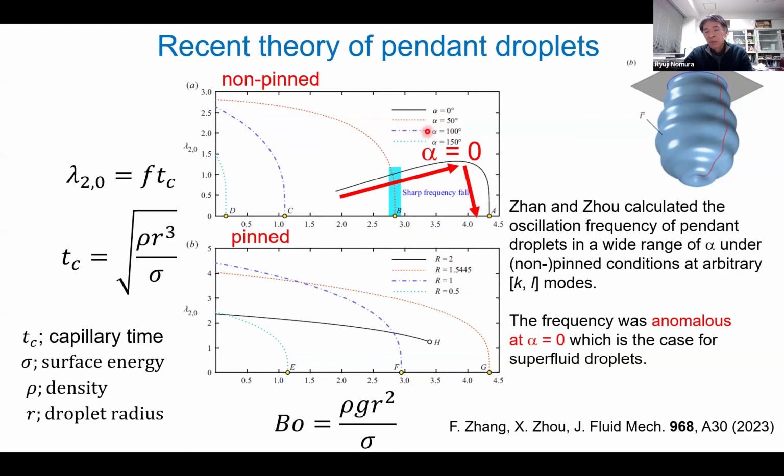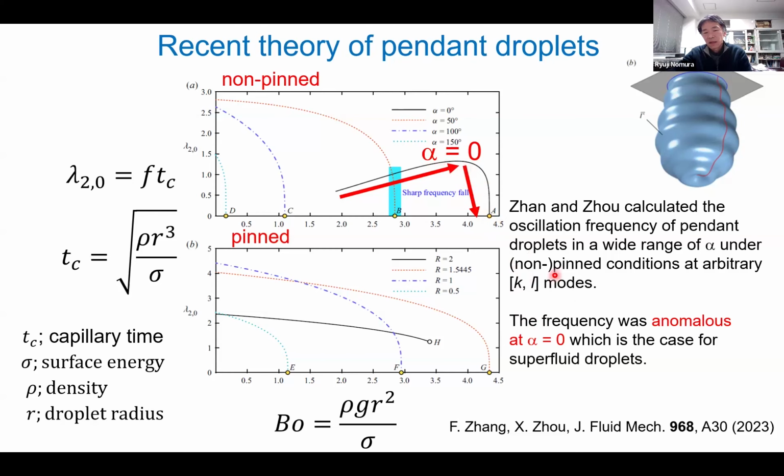And this non-monotonic behavior seems to be related to our observation of the volume-independent oscillation. I don't have time to explain the detail, but this condition agrees well with our observation.